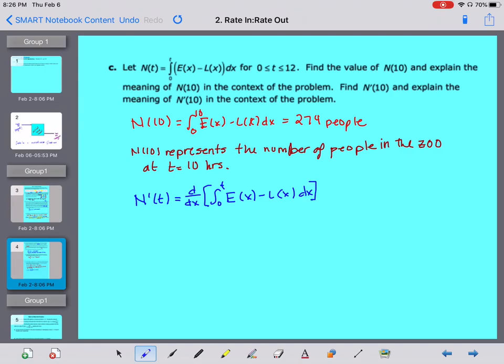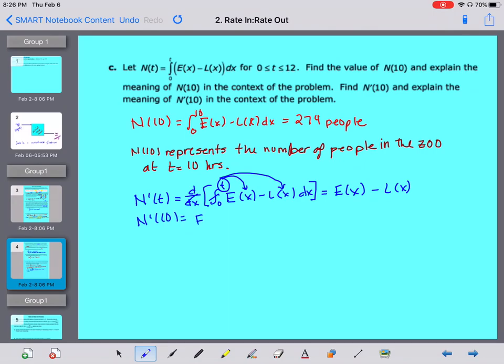And if I remember from the second fundamental theorem of calculus, any time that our derivative and our integral came together, they were inverse operations. They were going to cancel each other out. And all we had to do was plug that back in for every x in the problem, which means this derivative is just simply the rate at which we're entering minus the rate at which we're leaving. So n prime is the rate, so we get back to e to the x and L of x, which are rates itself.